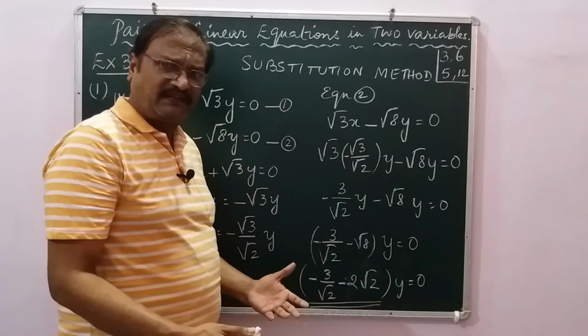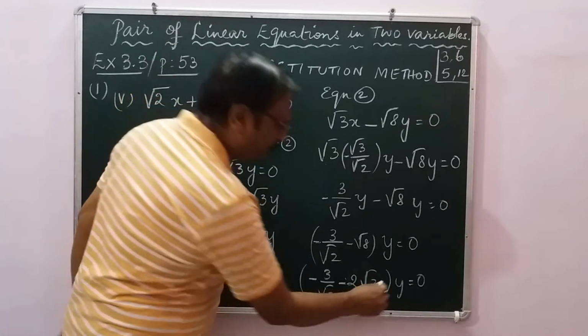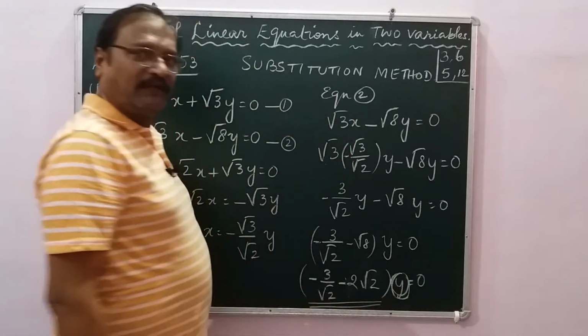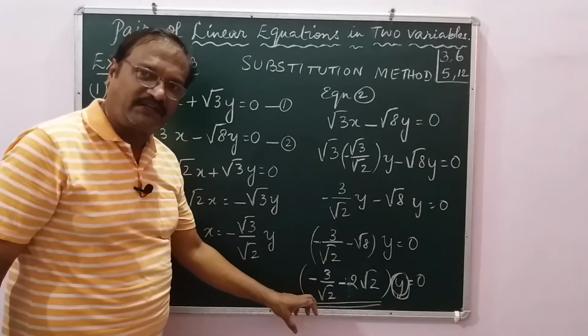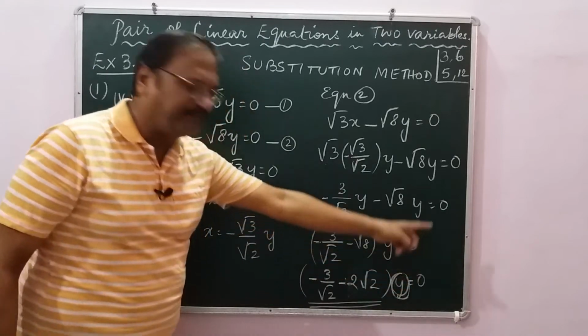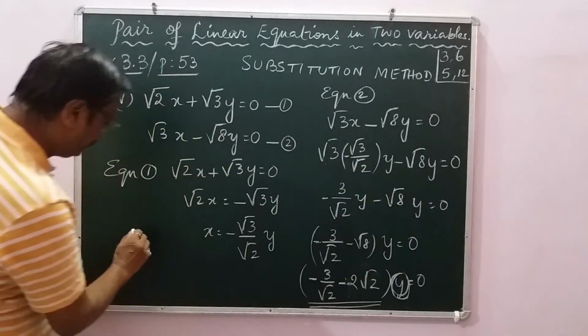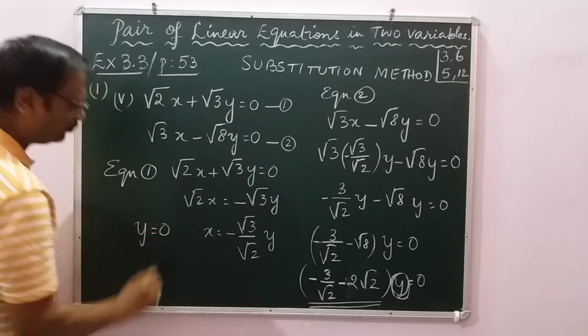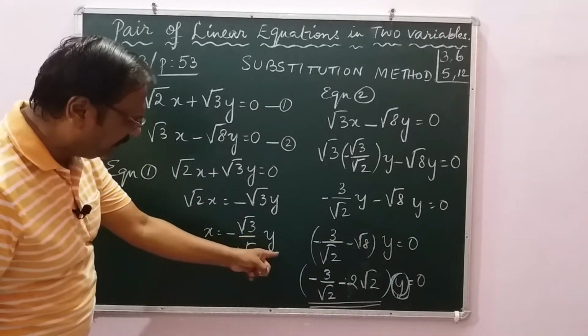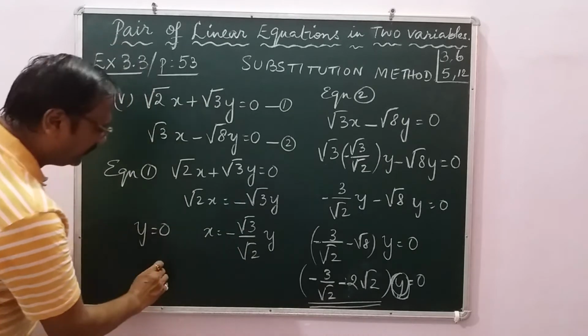What does it mean? How can the product become 0? Which means y is equal to 0, because the constant here cannot become 0. Ultimately the variable y is becoming 0. If y is 0, naturally anything multiplied by 0 is going to become 0.